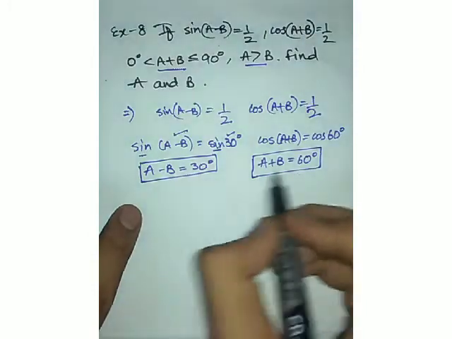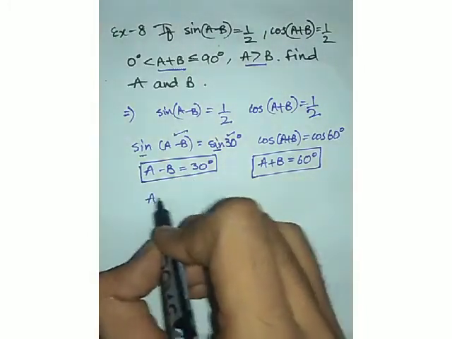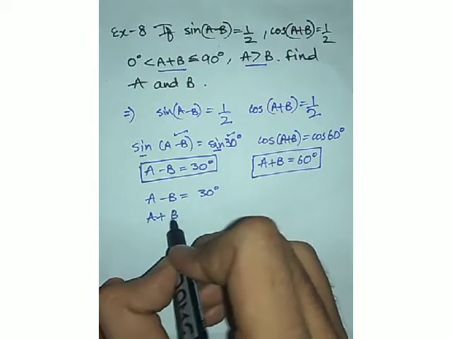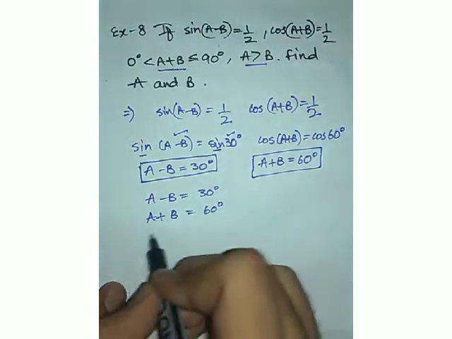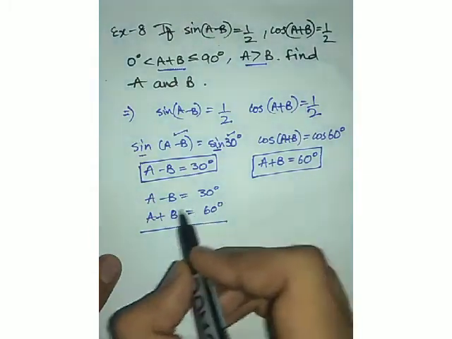These two are basically linear equations that you can solve very easily. A minus B is equal to 30 degrees and A plus B is equal to 60 degrees. First add both equations because the signs of B are opposite to each other.